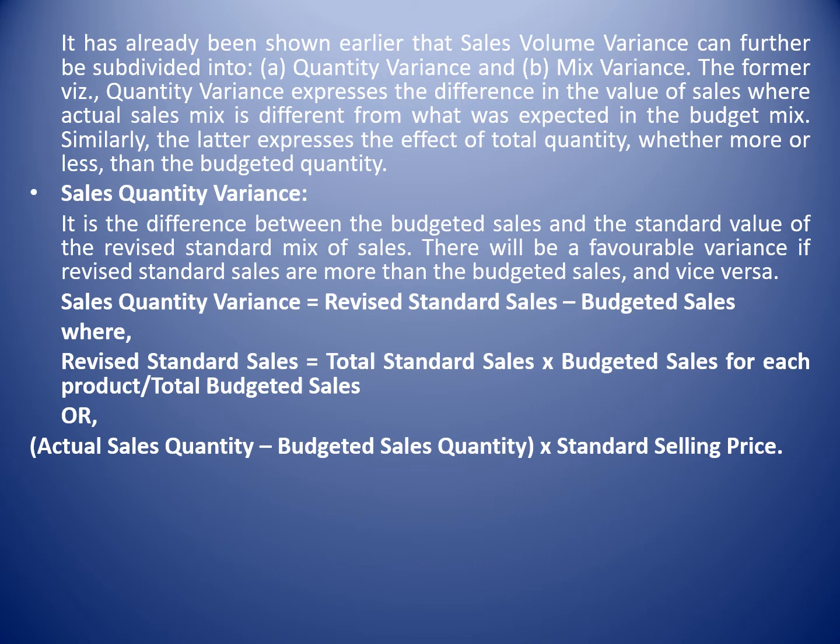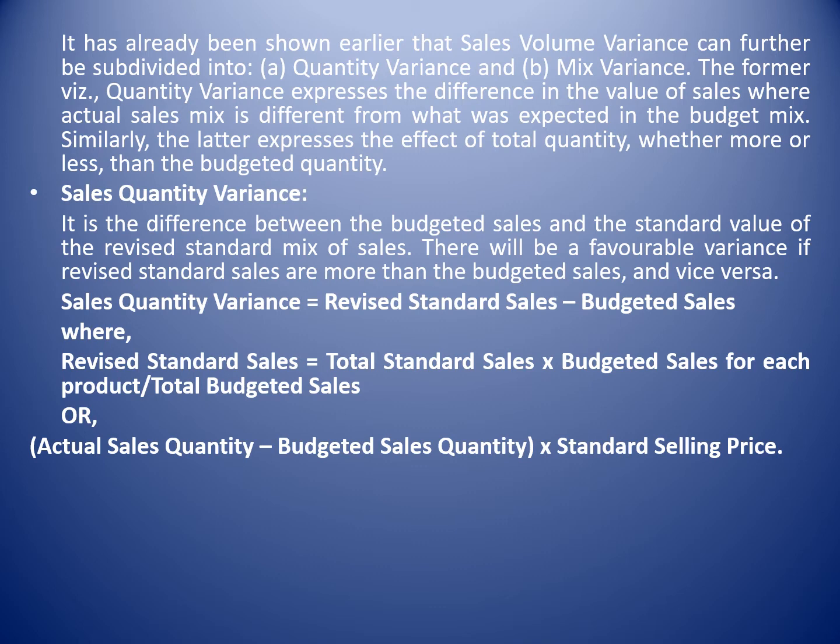Now let us see sales quantity variance. It is the difference between the budgeted sales and the standard sales of the revised standard mix of sales. There will be a favorable variance if revised standard sales are more than the budgeted sales and vice versa.